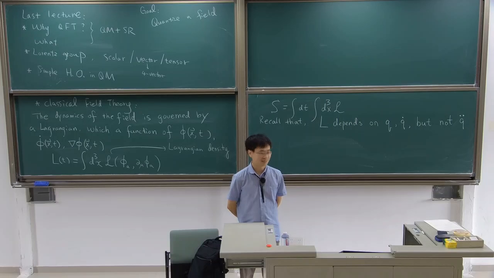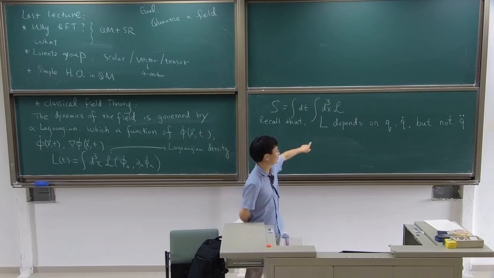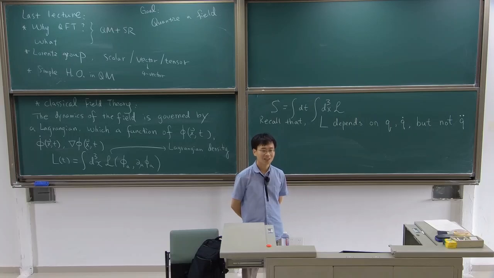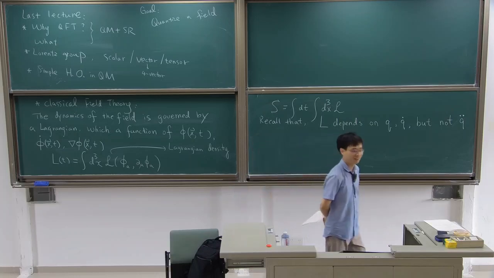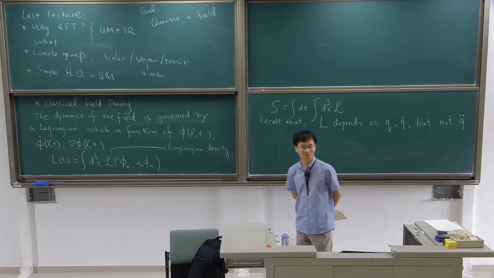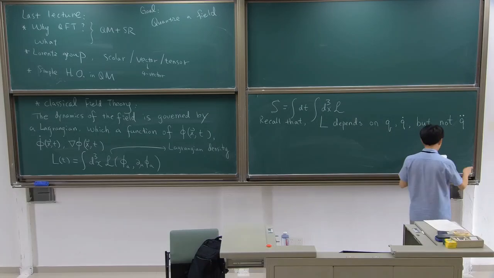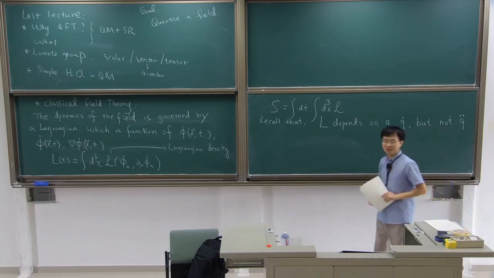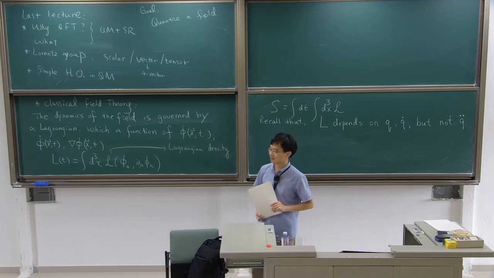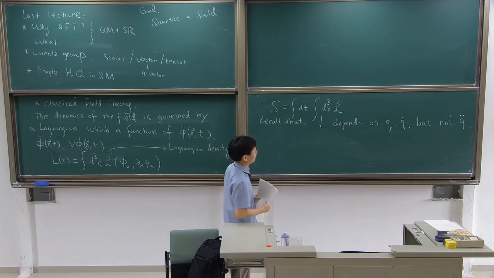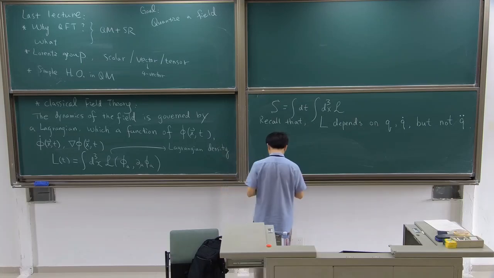If your action or Lagrangian depends on Q double dot, which means what? Because the degree of this differential operator increases, you need more initial conditions in order to get a solution. But we know that's not our world, okay? Or you might argue this could be related to causality or whatever. But yes, we know, it's very clear that Q double dot is not allowed.